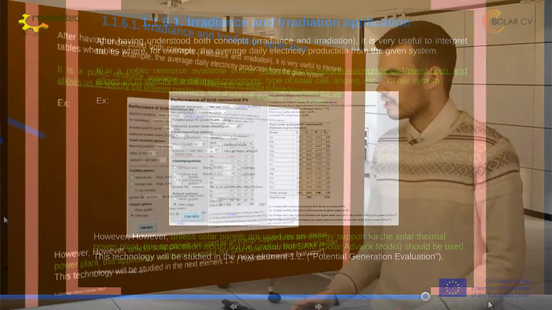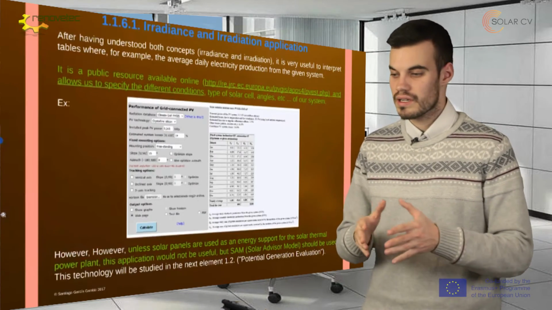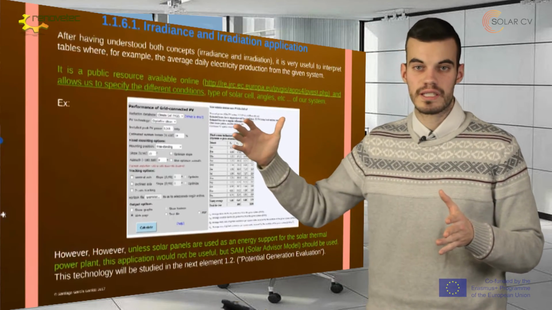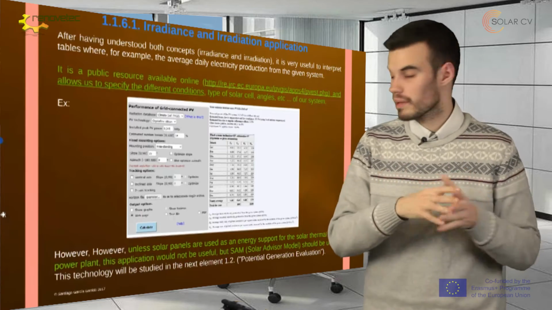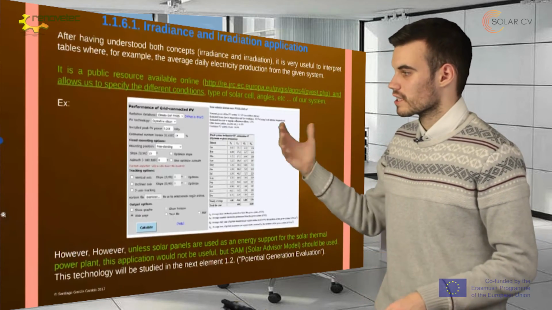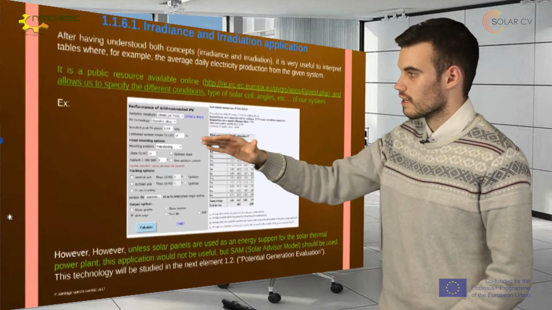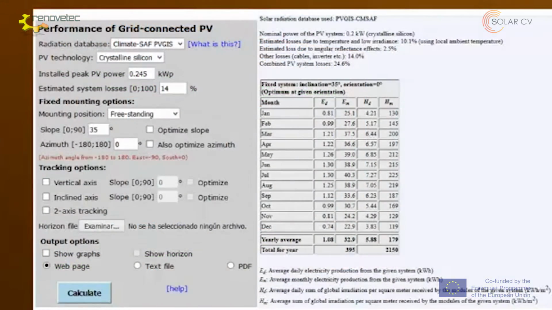Although we are going to consider a thermal solar power plant by the end of the Solarcv project, we really have different sources to consider this irradiance and irradiation concept. For example, the performance of grid-connected photovoltaic systems, although in this case, unless solar panels are used as an energy support for the solar thermal power plant, this application is not going to be useful.